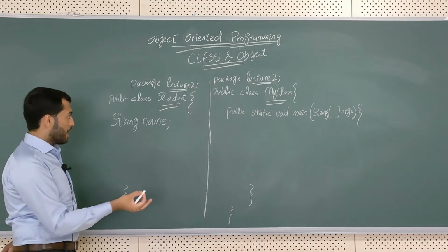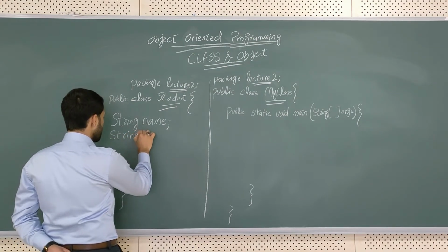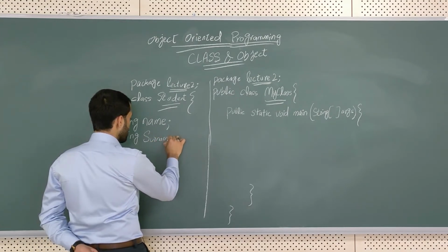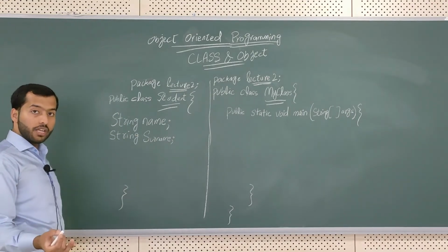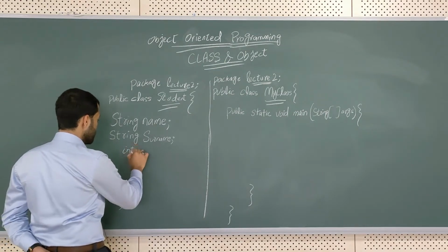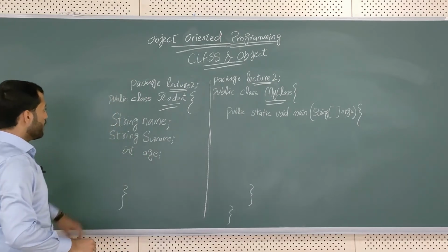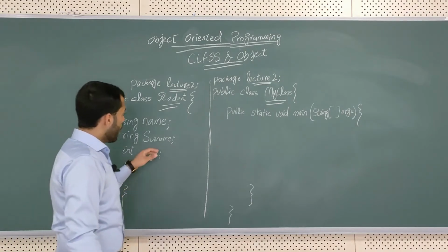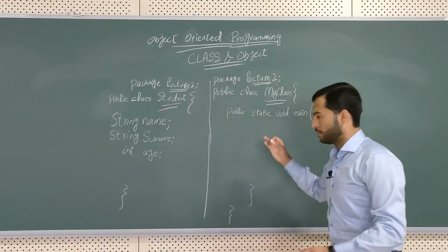Then the student can also have the surname, that one is the student surname. Then the student can also have the age. The age is an integer, so I will write here integer age. Now these things are called the member variables.